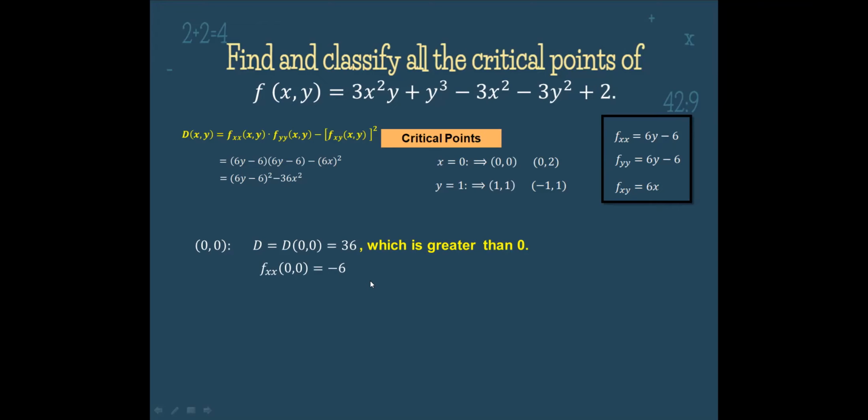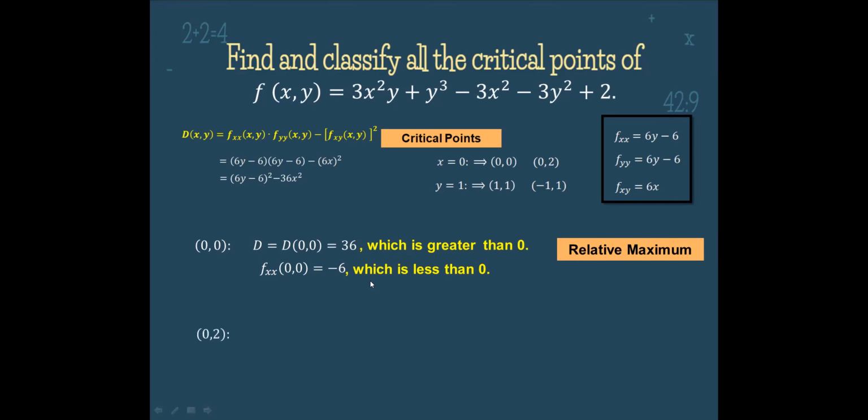So we have a second order partial derivative of f with respect to x equivalent to negative 6, which means this is less than 0, and we consider that this particular point is our relative maximum.